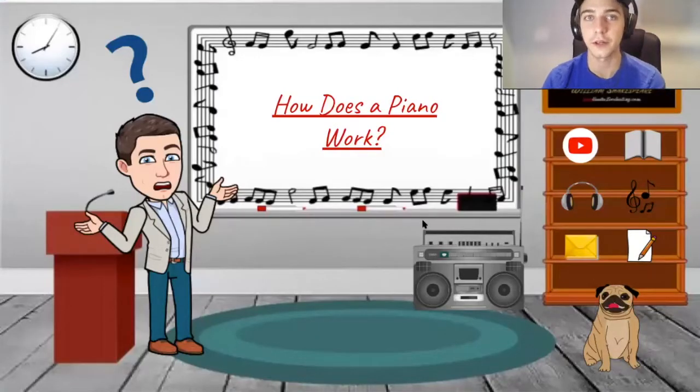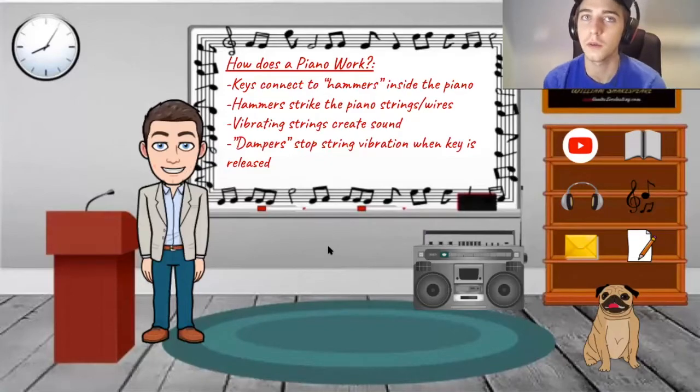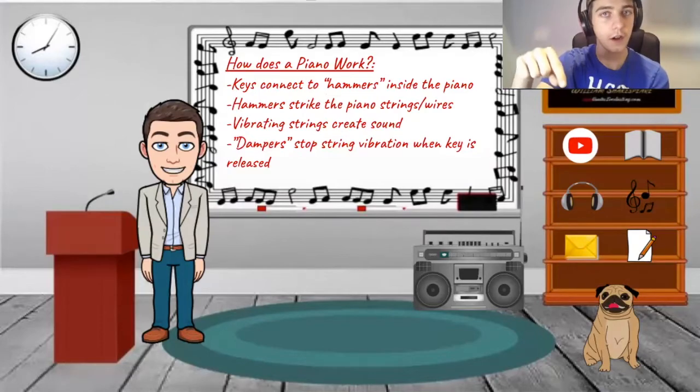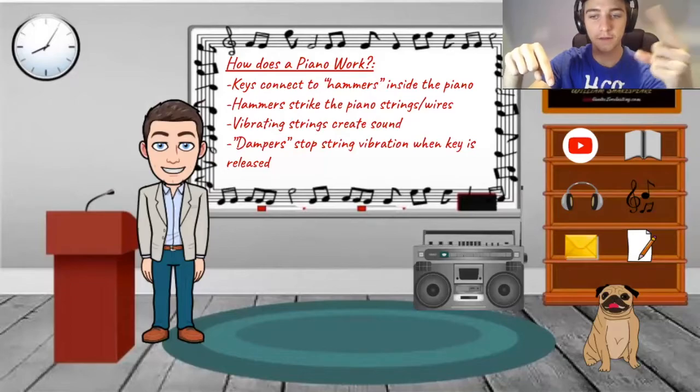So how does a piano work? If you're playing a grand piano or any kind of piano that is not an electronic keyboard, the way that they work is that when we play a key, it's connected to a hammer inside the piano. When I press down on a key, this hammer strikes a string on the inside.